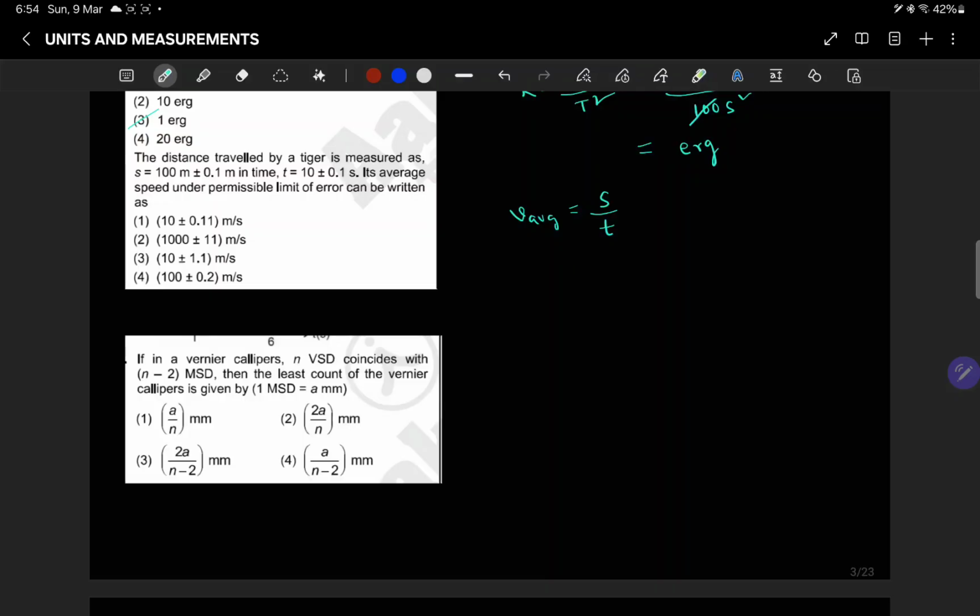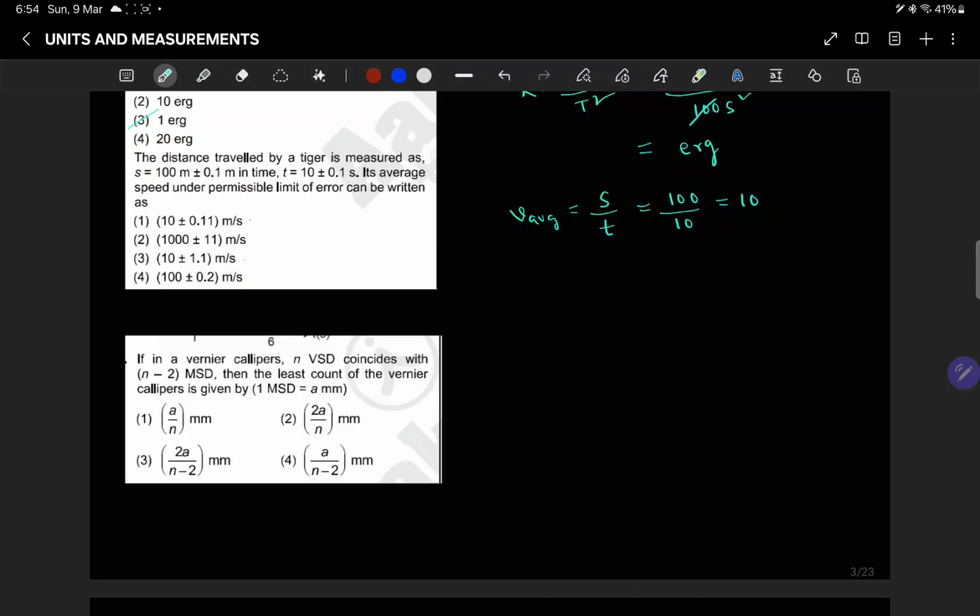Like the previous problem I explained, the true value: what is the displacement? 100 meters. What is the time here? 10. So the value is 10 meters per second. Only two options have this, so the remaining two options are wrong.